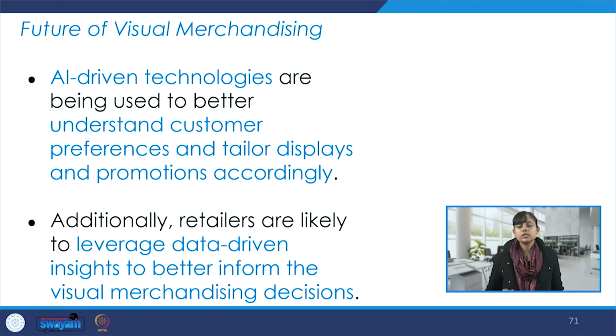We also tried to discuss briefly the future of VM and how AI-driven technologies are going to rule the future of VM. Also, retailers are leveraging data-driven insights to better inform the decisions related to VM.